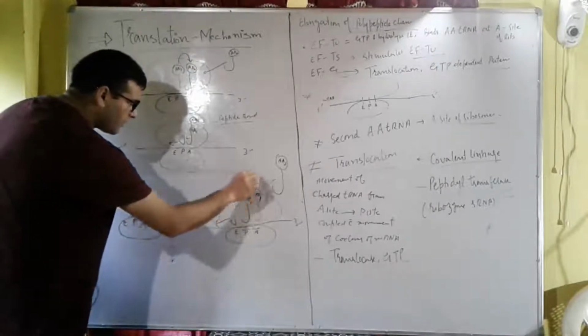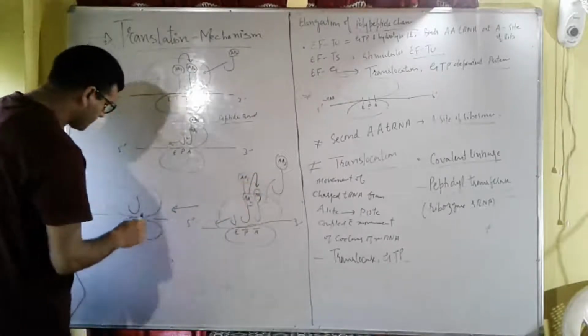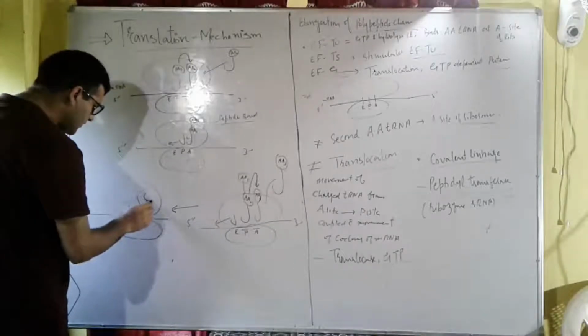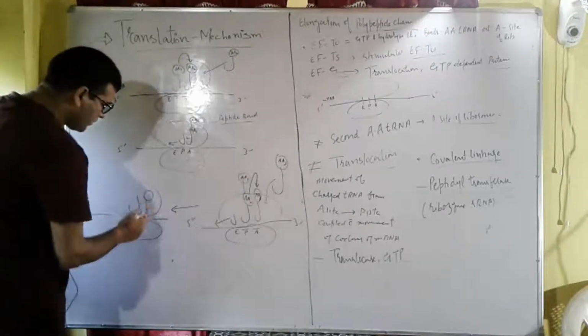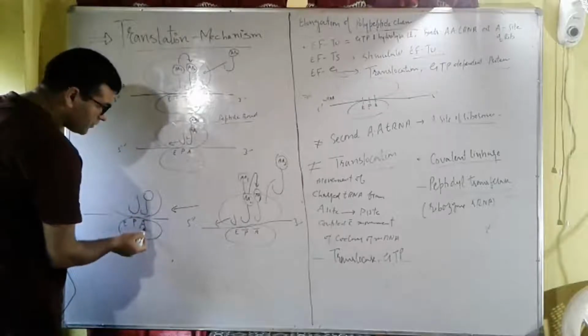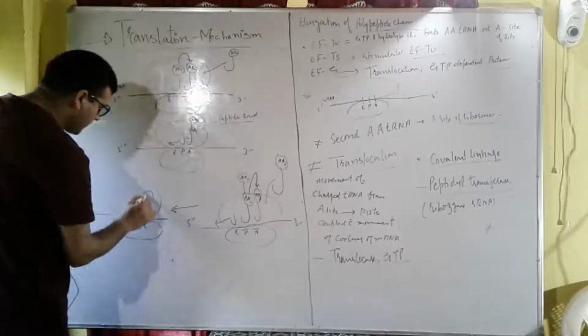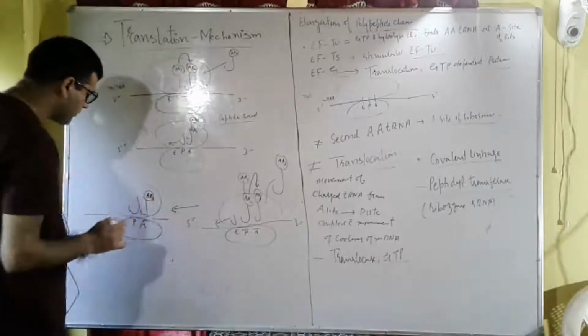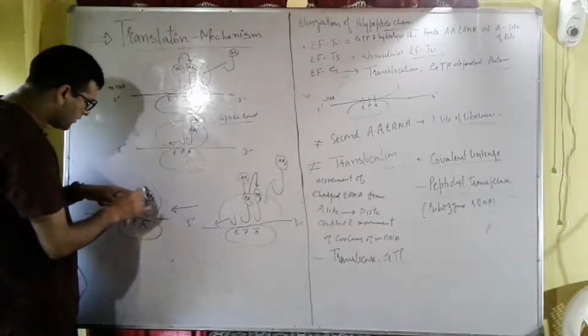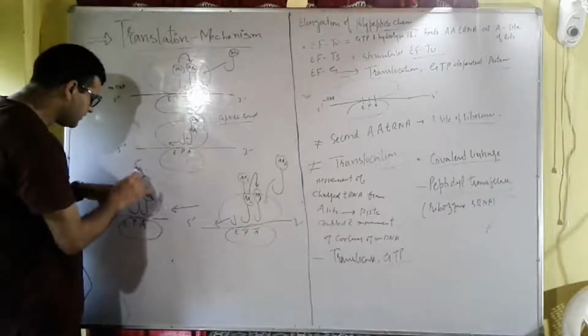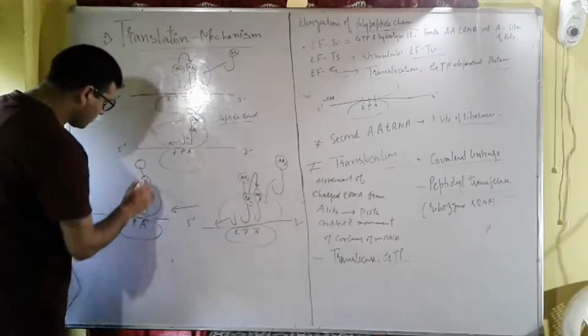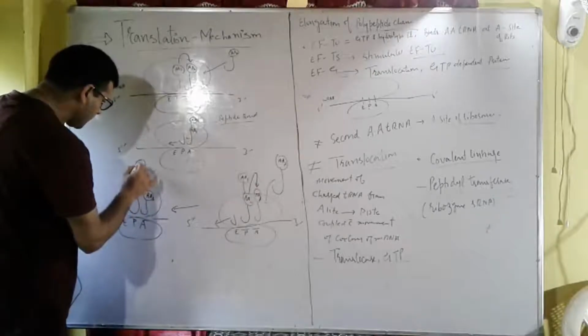So it would go here. So we have this configuration. The tRNA at site A has amino acid third. Now this will have 3 amino acids. This is amino acid second, this is amino acid first.